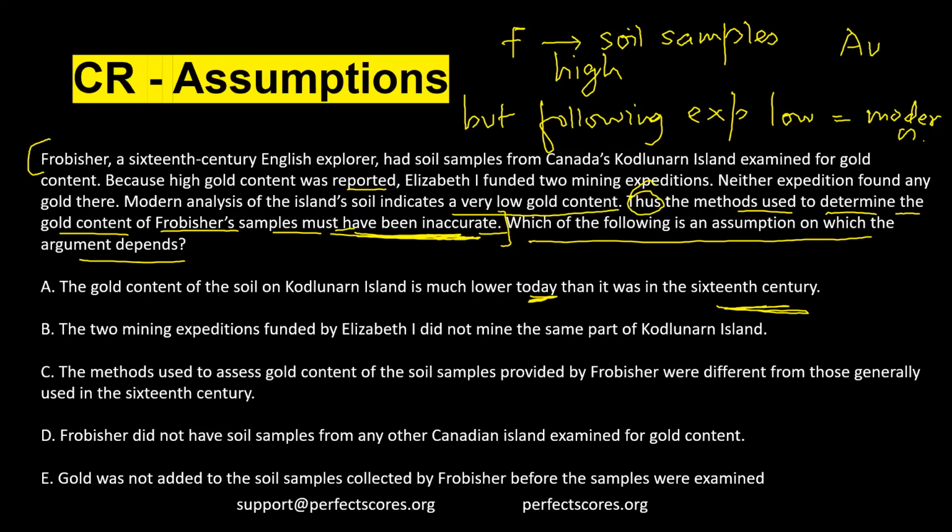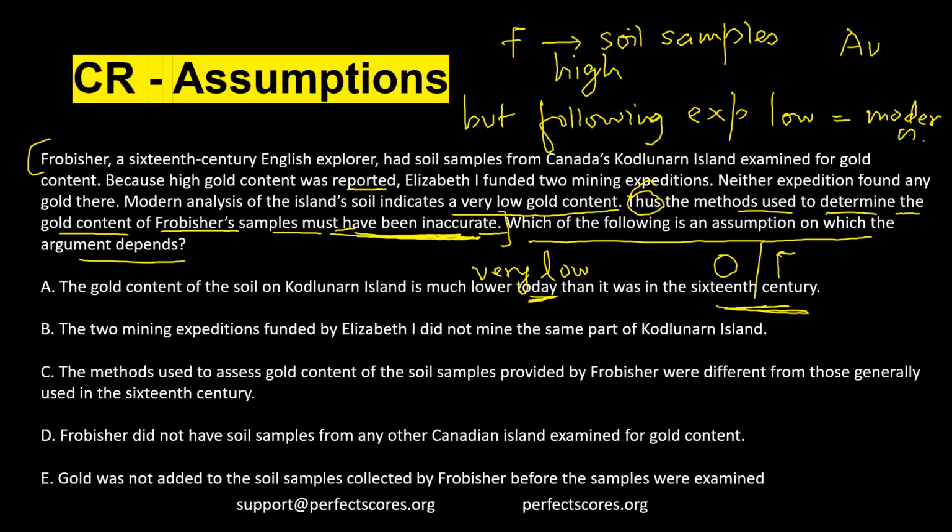But in the 16th century, Elizabeth I funded mining expeditions and neither of them found any gold. So that means in the 16th century also the amount of gold was literally zero. And basically today's analysis shows very low gold content. So A is actually doing a little opposite of what we were trying to do.